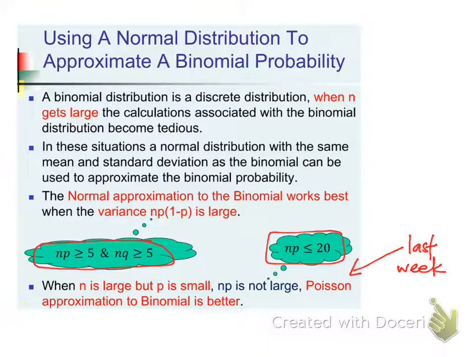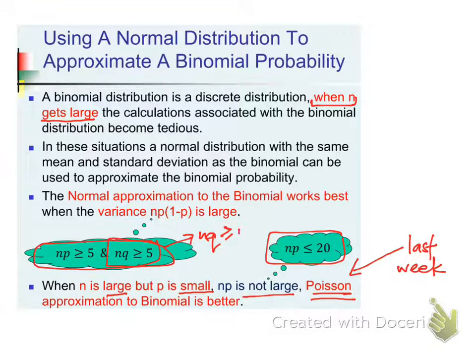When n is very large and our p is very small, so np is less than or equal to 20, we will use the Poisson distribution. But today is the case where n is very large, and we check p as well, but at the same time we also have to check nq.